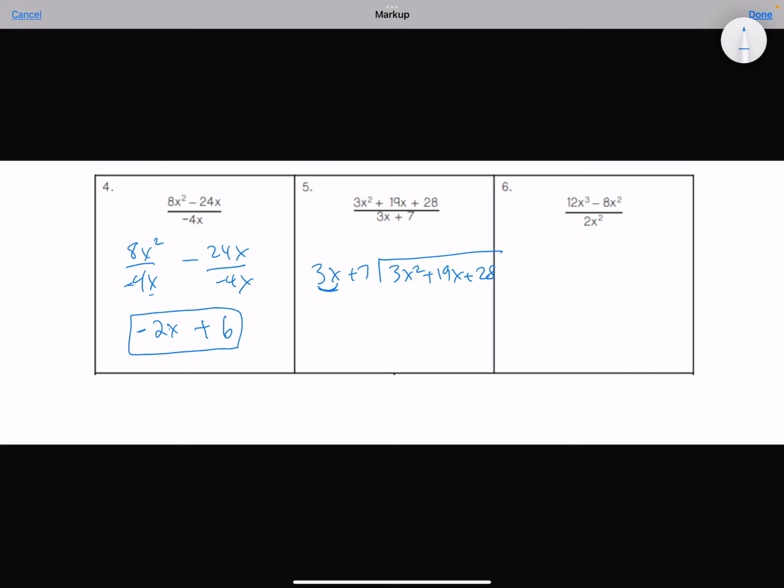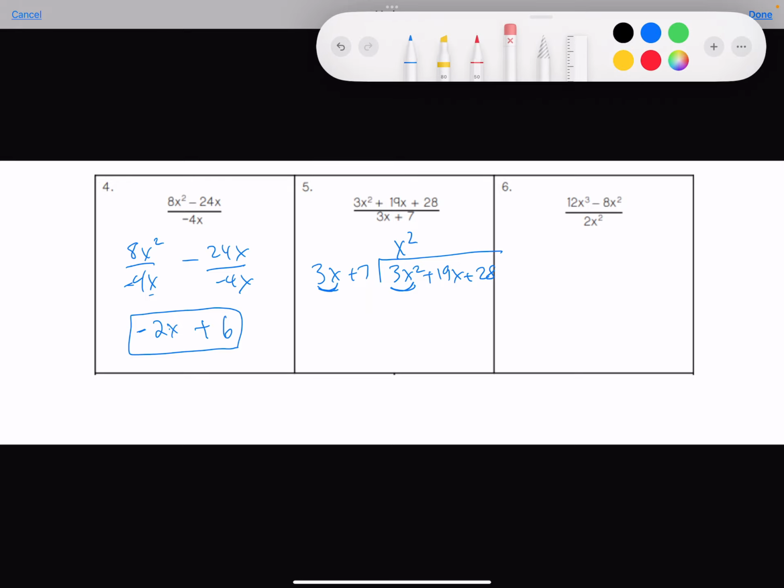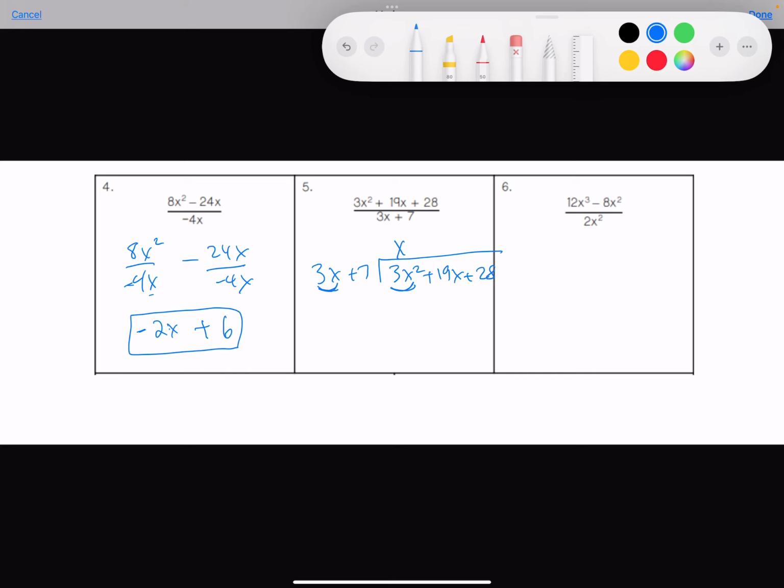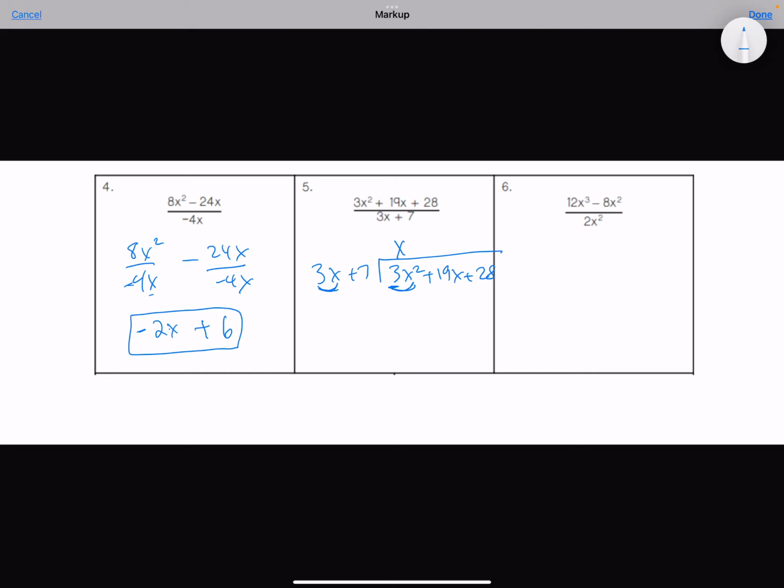So here, same thing. You're only really looking at the first term in each polynomial. What do you multiply 3x by to get 3x squared? I only need to multiply by x because the coefficient's the same. So that's going to give me 3x squared plus 7x.